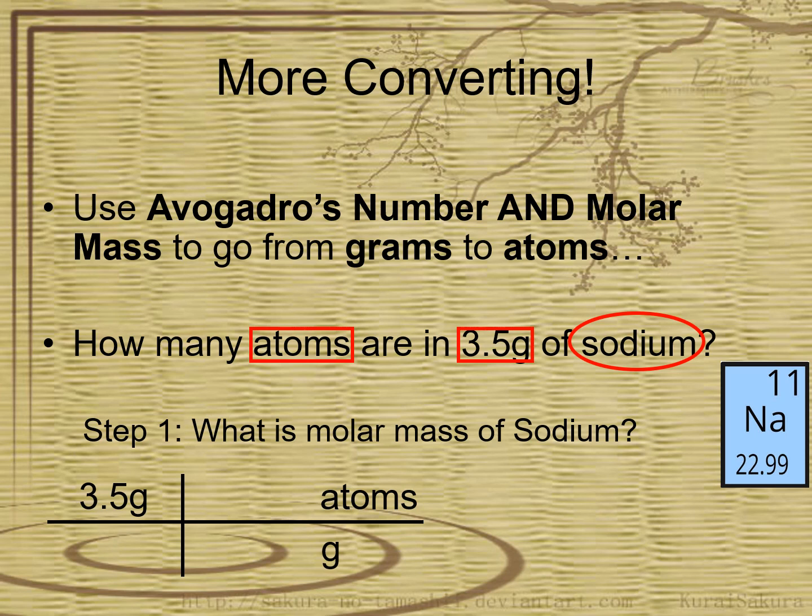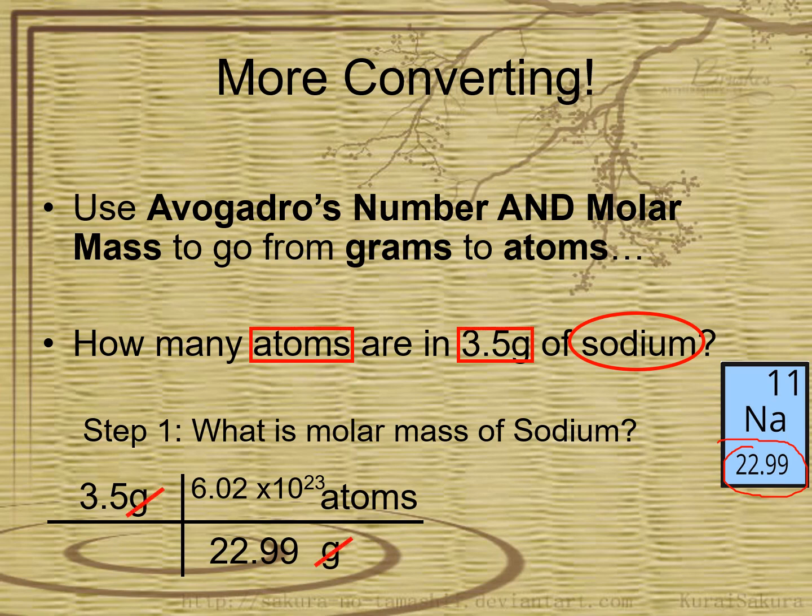So we know that 1 mole is 6.02 times 10 to the 23rd atoms of sodium, and 1 mole is also 22.99 grams of sodium. So 22.99 is the grams, and then 6.02 times 10 to the 23rd is the atoms.